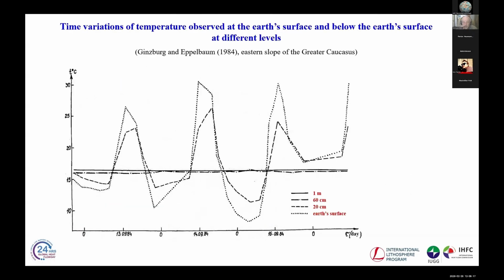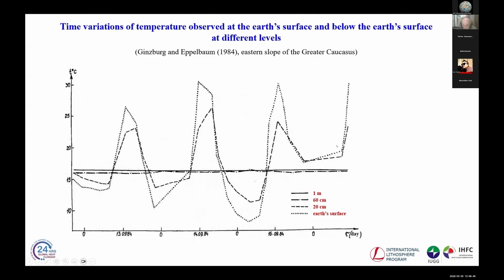Let's begin with the analysis of time variation of temperature observed at the Earth's surface and below the Earth's surface at some levels. What we can see here are curves experimentally observed at the eastern slope of the Great Caucasus many years ago with my participation. We have here four types of temperature curves.